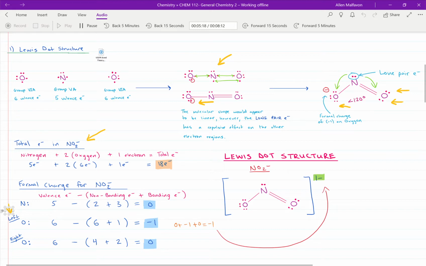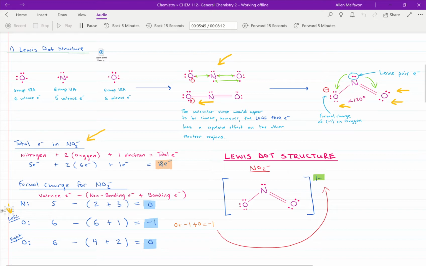So the oxygen atom on the left-hand side has a formal charge of -1 because we deduct 7 from 6, and that gives us a net of -1. However, the oxygen atom on the right has a formal charge of 0, because we deduct 6 from 6 and we obtain 0.